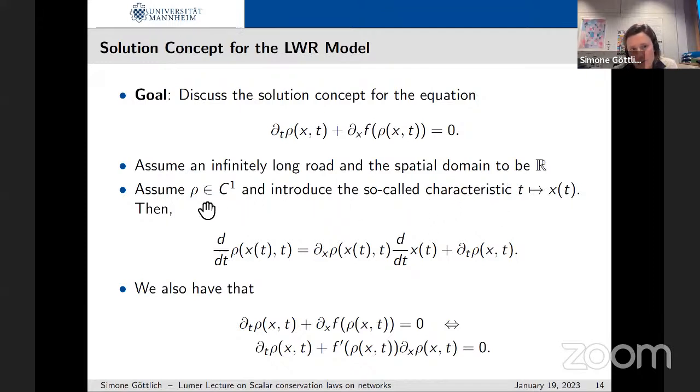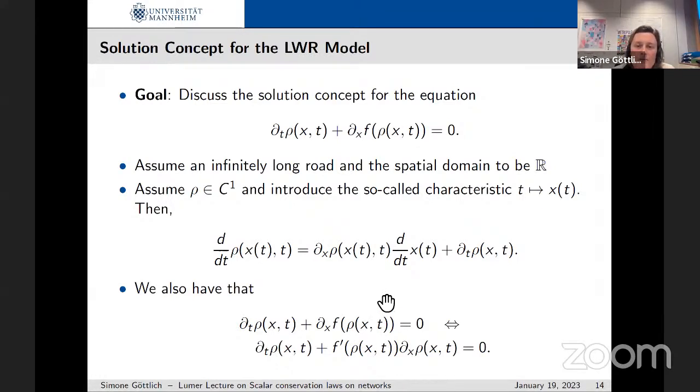Furthermore, we say that rho should be a function from C1, and we introduce so-called characteristics in the sense that if we have a look at the total derivative here of rho of x of t and t, this would be the derivative we can compute. And on the other hand, we also know from the conservation law above that this can be written in this way here, meaning that this f prime is taken out of the convection term.